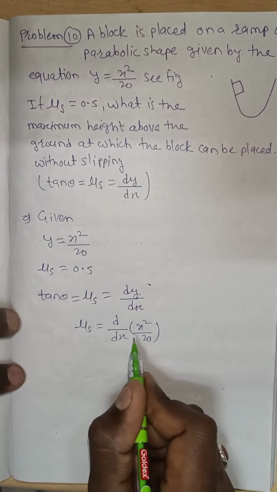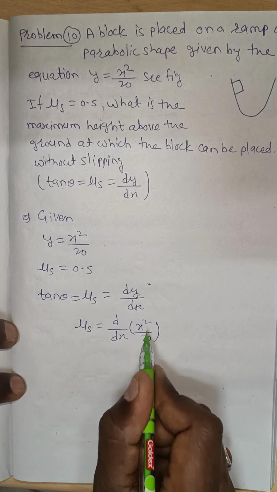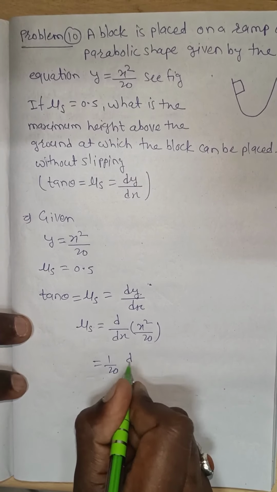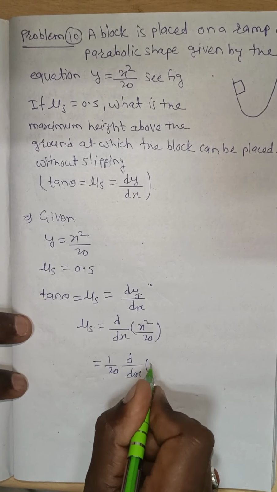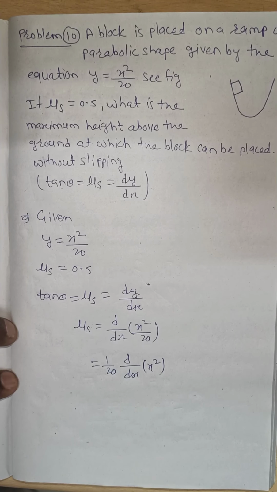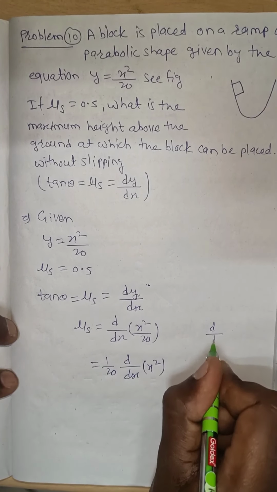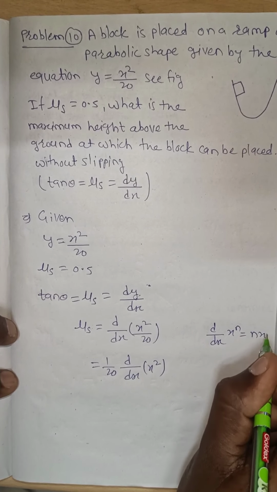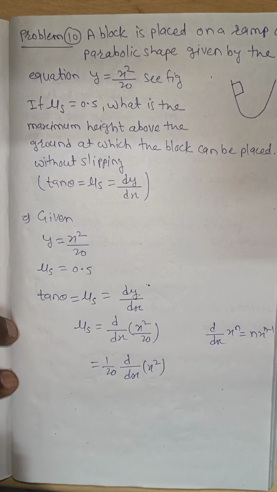We have to differentiate x square by 20. Here 1 by 20 is a constant, then d by dx of x square. You know that d by dx of x to the power n is n into x to the power n minus 1.